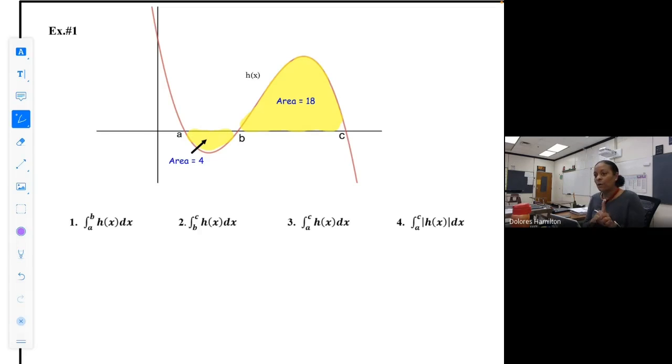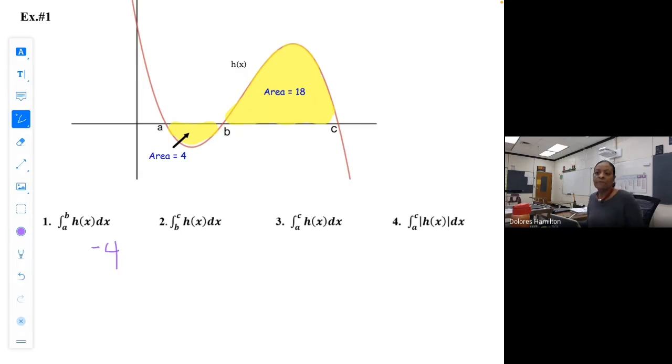I also know that area is below the x-axis. So my definite integral would be negative 4. The area is 4, the definite integral is negative 4. Great. B to C, what are you thinking? The area is 18, it's above the x-axis. That is 18.